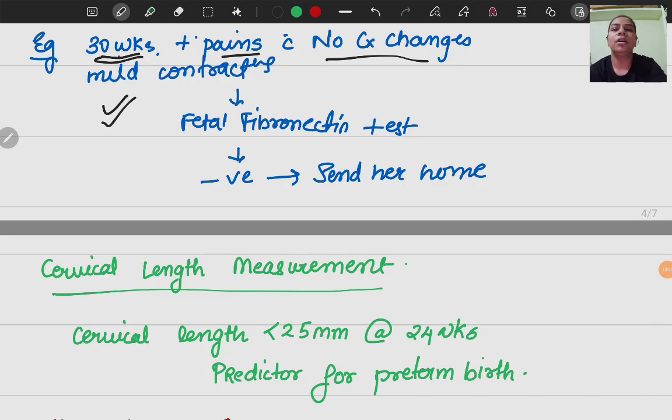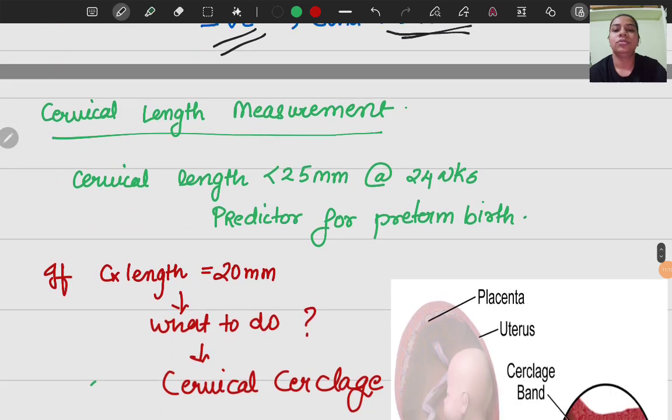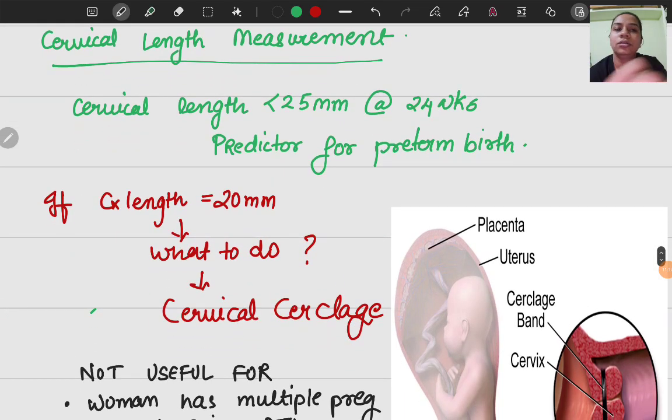You are doing a fetal fibronectin test, and it comes negative. So what we have seen is that the predictive value is very high. That means if negative, she is not having preterm labor, and then you can send her home. Okay, so is this clear, all of you?